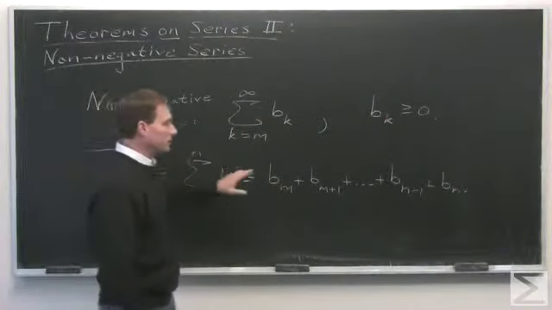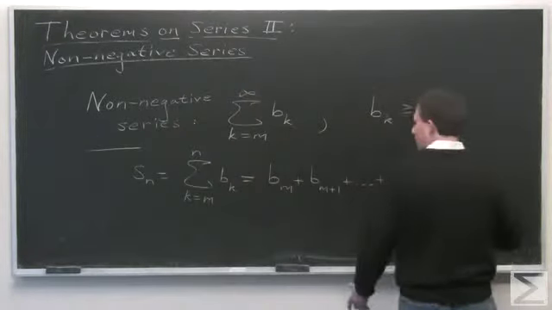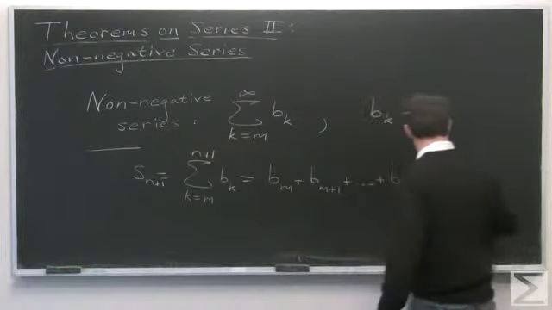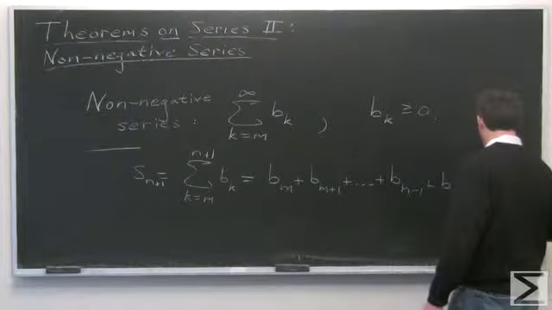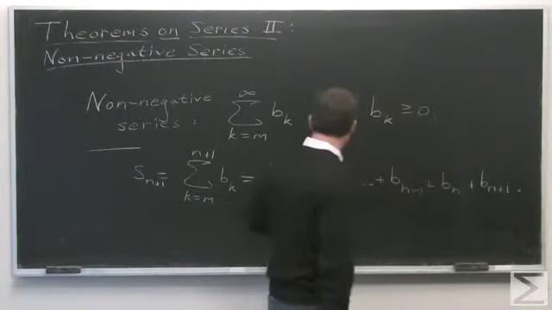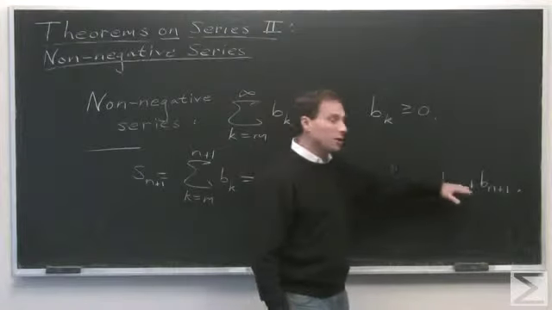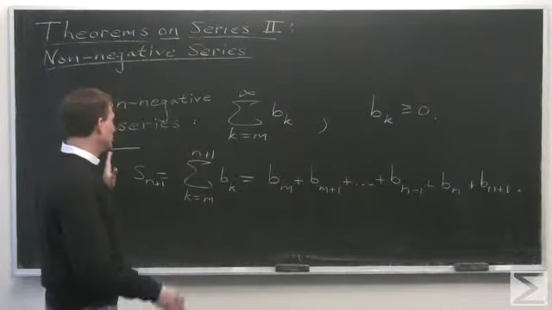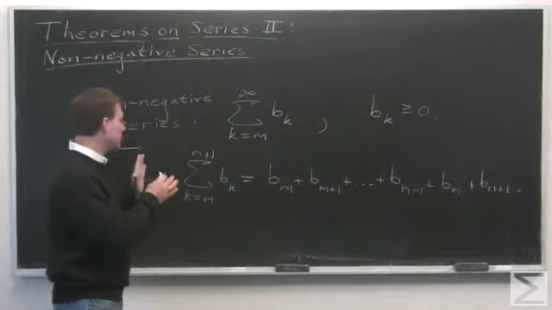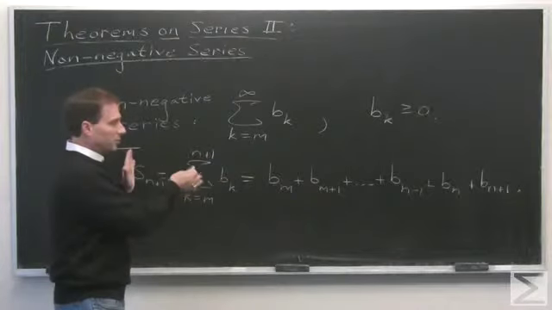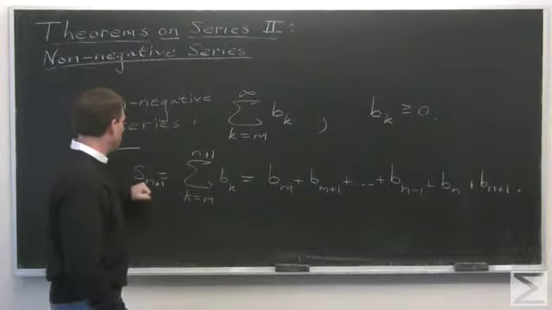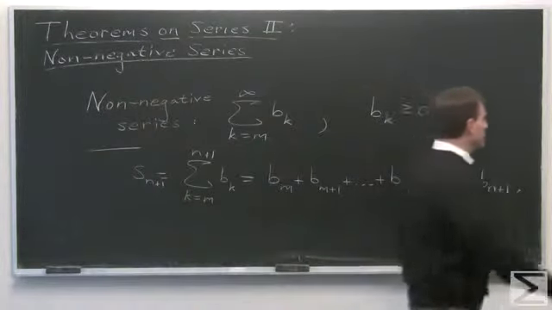As n gets bigger, you add more terms. So when you go to the next partial sum, you add another term. But all the terms are non-negative. So every time you go to another partial sum, what you've added is greater than or equal to 0. That means the partial sums are an increasing sequence. Maybe b sub n plus 1 is 0, so we didn't change it, but if it's not 0, it went up. So the partial sums of a non-negative series are an increasing sequence.